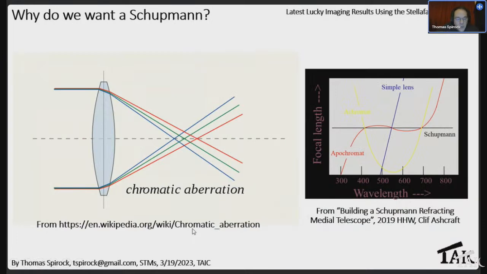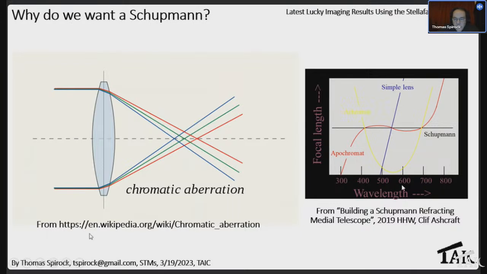And again, back to the chromatic aberration, the main primary objective is a single lens, and we know that a single lens creates a lot of chromatic aberration because the blue, the green, and the red light all focus at different distances. So you can never get a really good image.